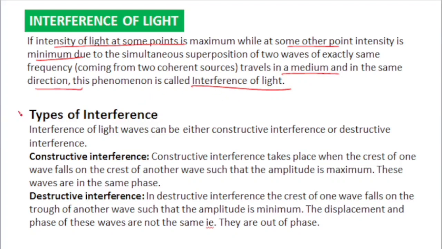There are two types of interference already discussed: constructive and destructive. Constructive interference takes place when the crest of one wave falls on the crest of another wave, amplitude is maximum and waves are in phase. In destructive interference, the crest of one wave falls on the trough of another wave so that amplitude is minimum and the waves are out of phase. So these are the two types of interference of light.